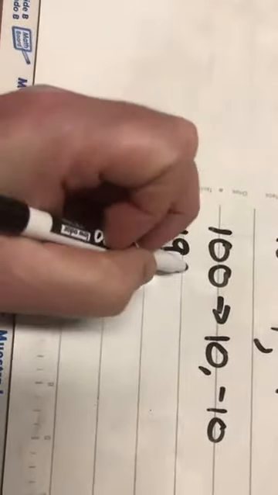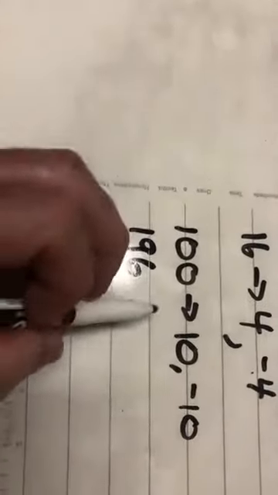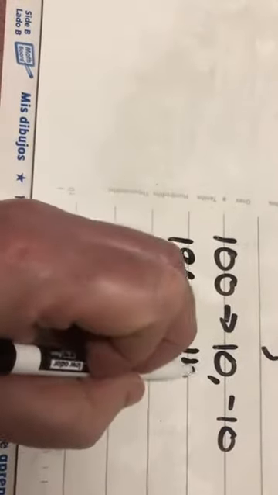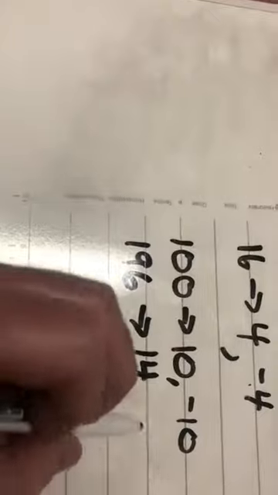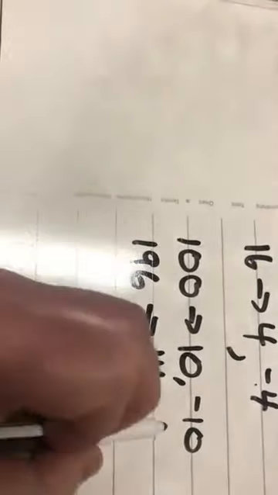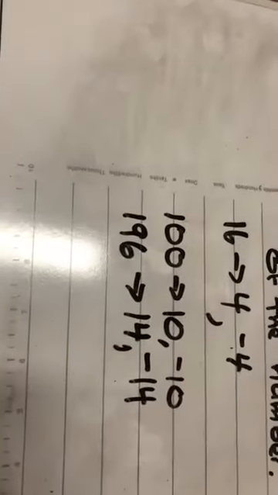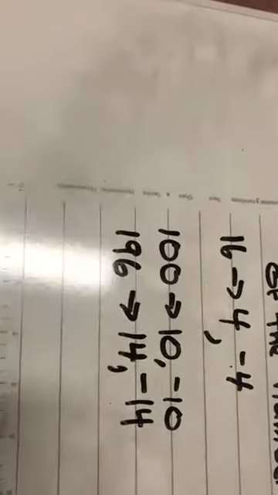The last one that we're going to do in this section is 196. The square root of 196, if you plug that into your calculator, it's going to tell you that it's 14. Which then means that the other square root for 196 is negative 14, because a negative times a negative equals a positive.